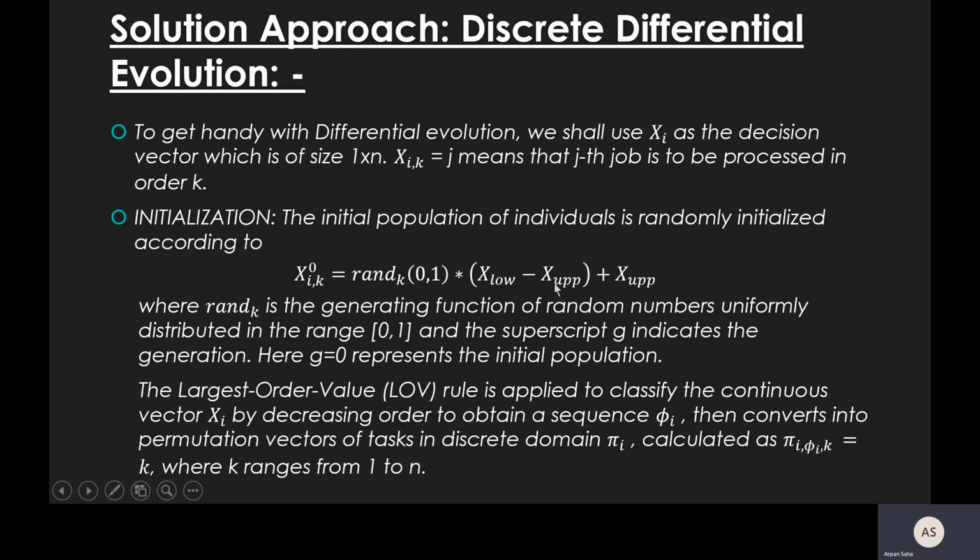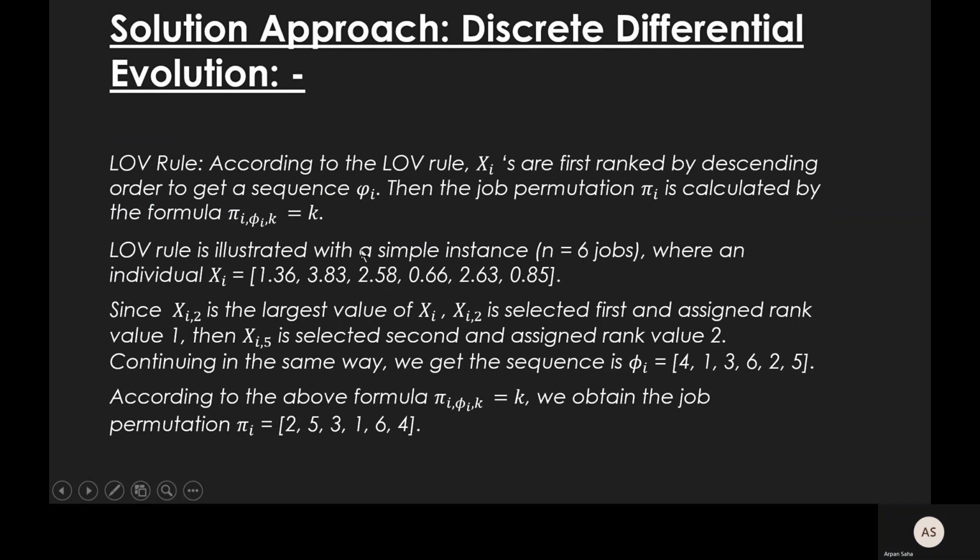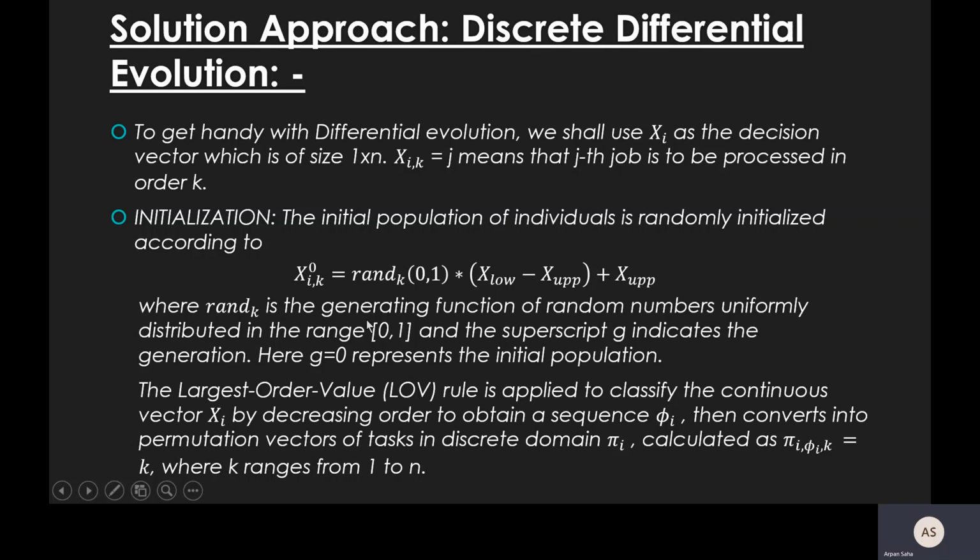Given a lower and upper limit of the decision variable values, we can generate a number of individuals for our initial population randomly. Here rand_k(0,1) means that we are generating a random number from the continuous distribution 0, 1.